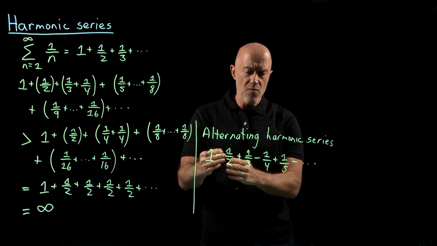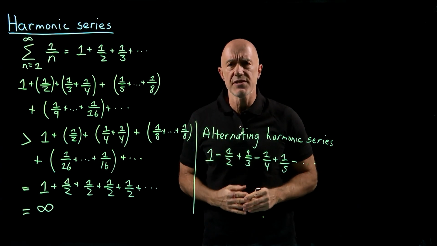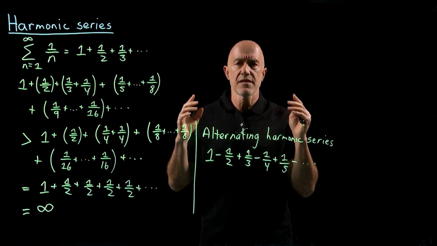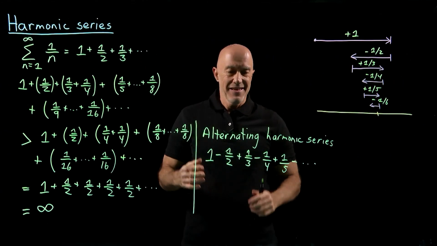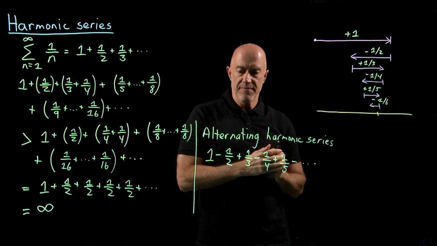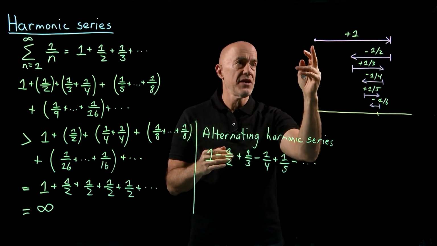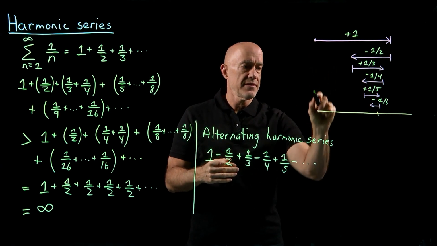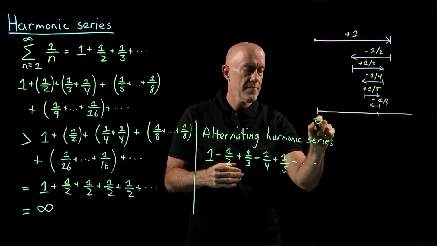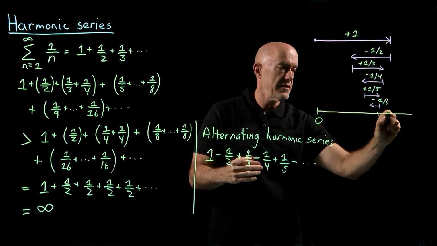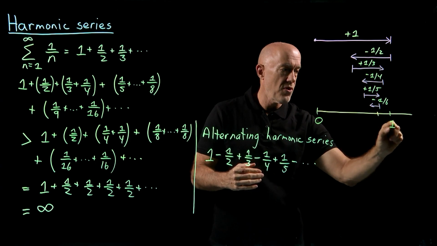To see why this series converges now, we can look at a graph. So let's have a look. So here's our graph. I'm showing you now that we're starting at 0. This is the 0 point. And we're starting with 1, so we go to 1. This is the 1 point.